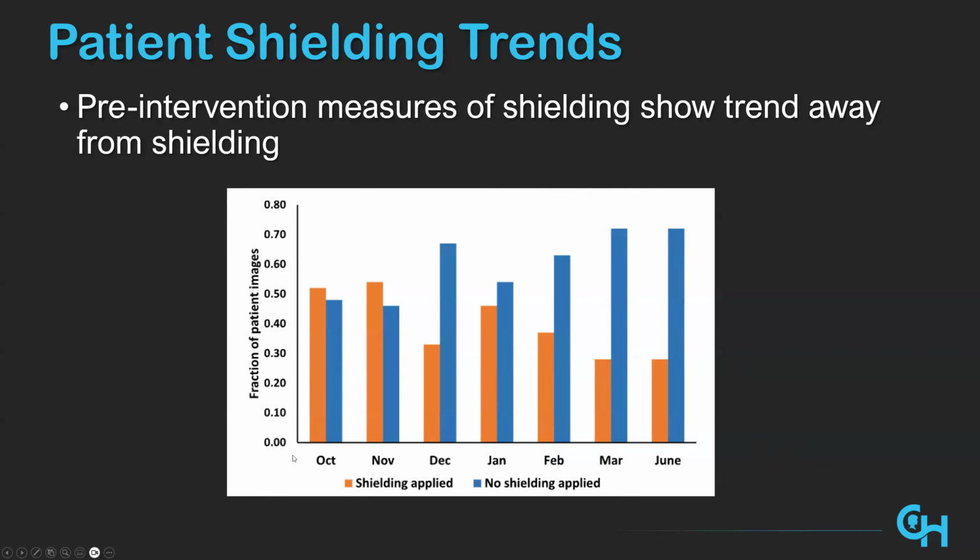At the same time, the group also did measure the actual use of shielding, and even before the project began to really structure implementation, the change was already starting to happen. And so we see that the orange bars, which reflect shielding being applied, are trending down, while the blue bars reflecting cases with no shielding are trending up.